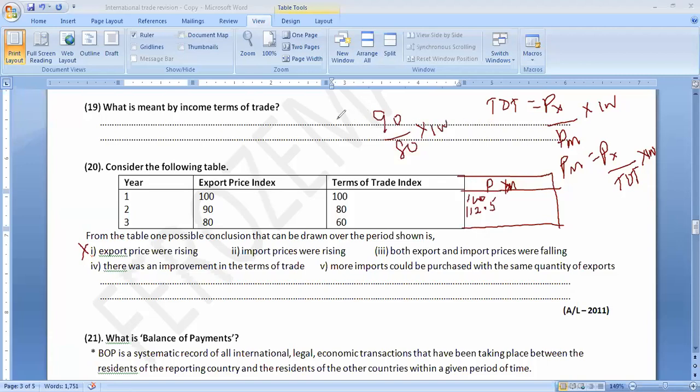Then the third year, 80 over 60 into 100. Now this is an MCQ. These workings are not needed anyway. So it will be 133.33.